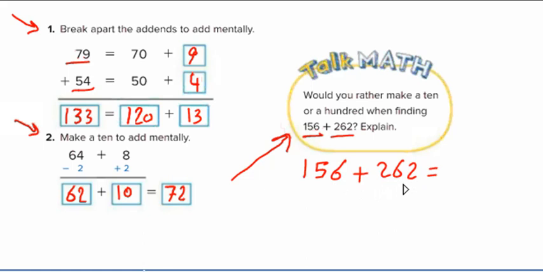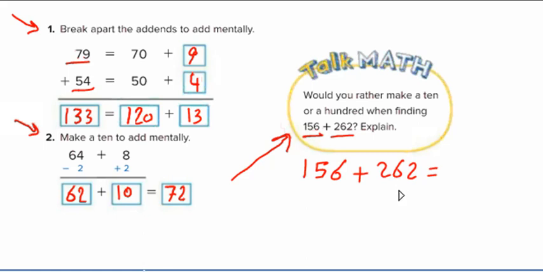It takes a long time of thinking. But if I want to make it tens, 262 will be 260 if I subtract only 2.